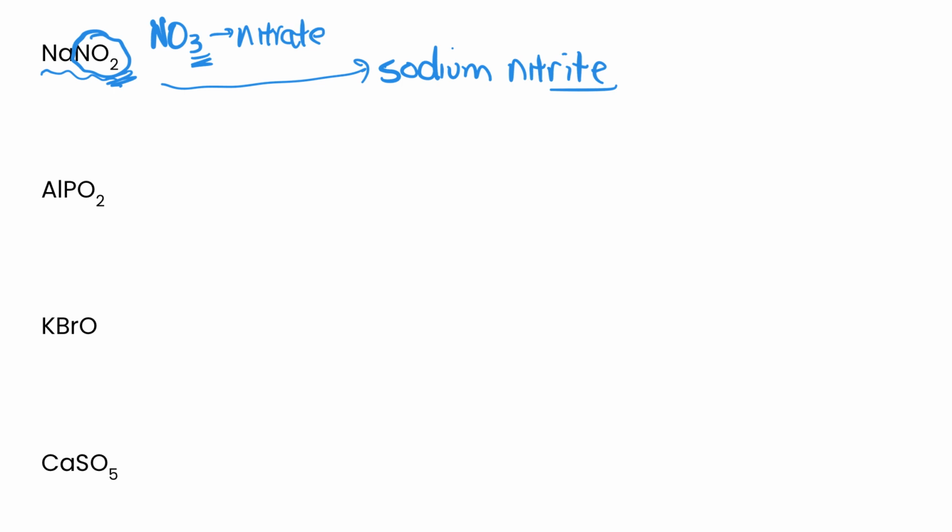Looking at our next one, AlPO2, we need to know our typical polyatomic ion is PO4 3-, and this is two less oxygens. So this is going to become aluminum, and then we need to go two down, so it's the hypophosphite.